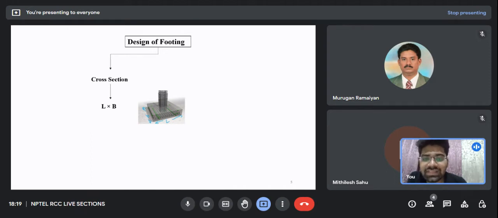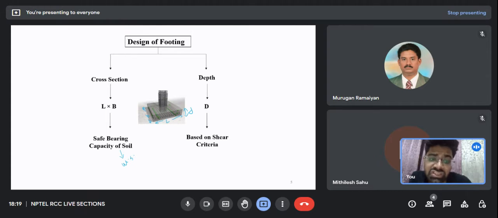Now how should I design this L and B? It should be designed based upon the safe bearing capacity of soil. Since safe bearing capacity of soil is evaluated based upon working stress method, I will be using working stress method for evaluating length and breadth. The other dimension I need to design, once L and B are over, is D. Depth can be evaluated based upon shear criteria.